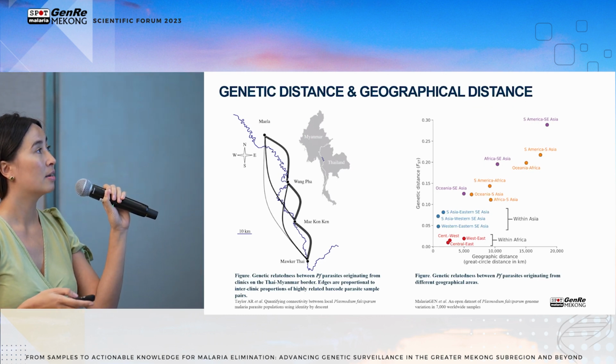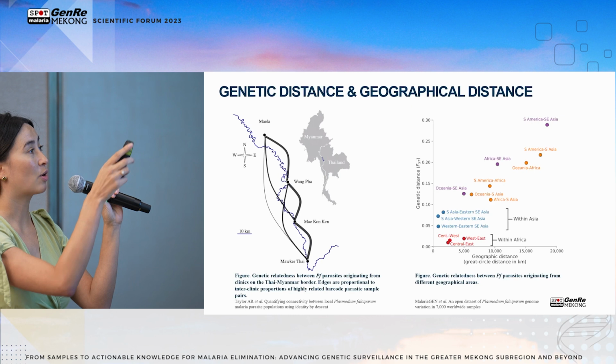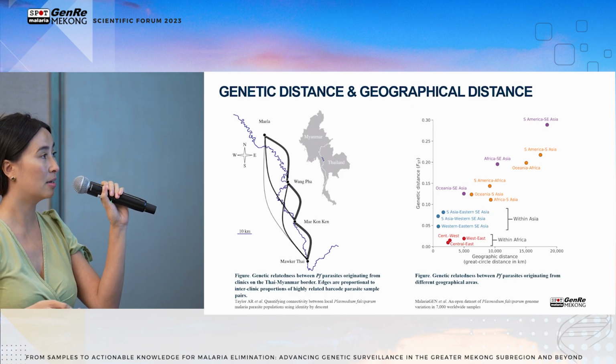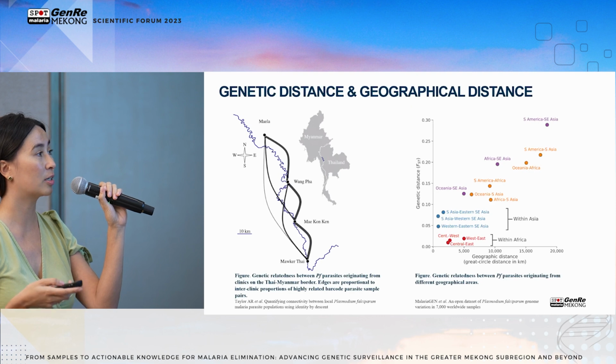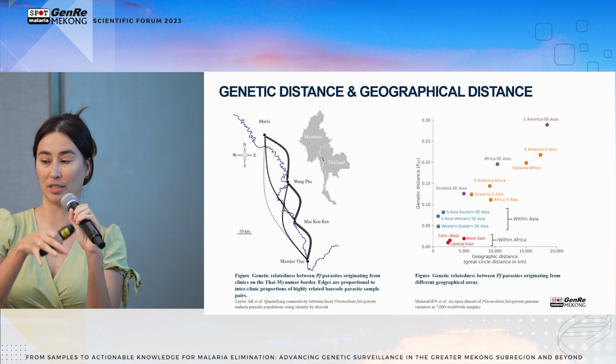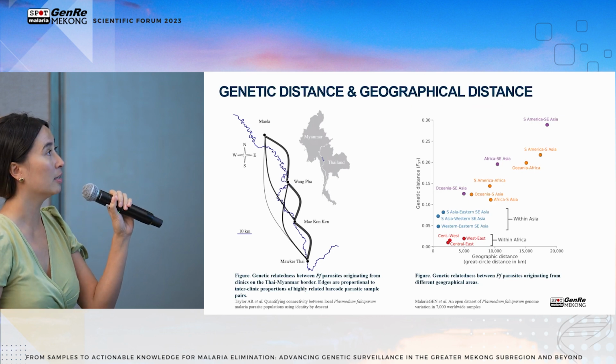And then the stripes, the lines are the connections between the healthcare centers, and those express the genetic distance of the parasites that were collected in each of the healthcare units.